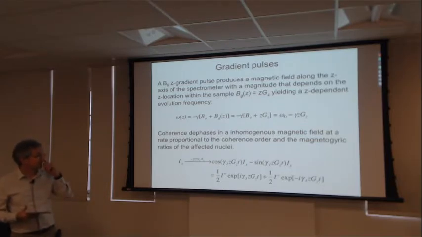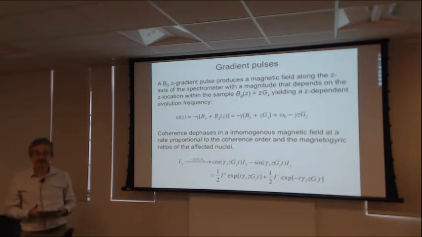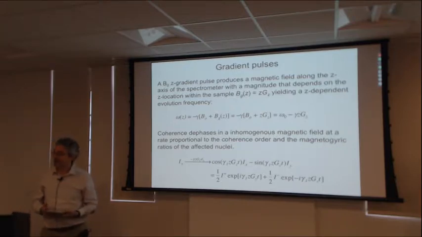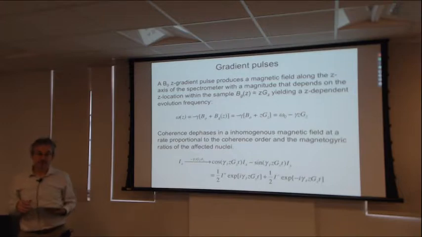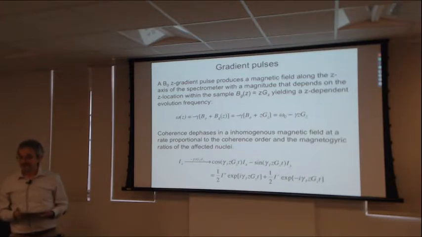And in the simplest case, when a gradient pulse is turned on, a coil inside the probe is energized. And that coil is wound in such a way that it produces a magnetic field along the z-axis. And the amplitude of that field varies from 0, the middle of the sample volume, in either direction.